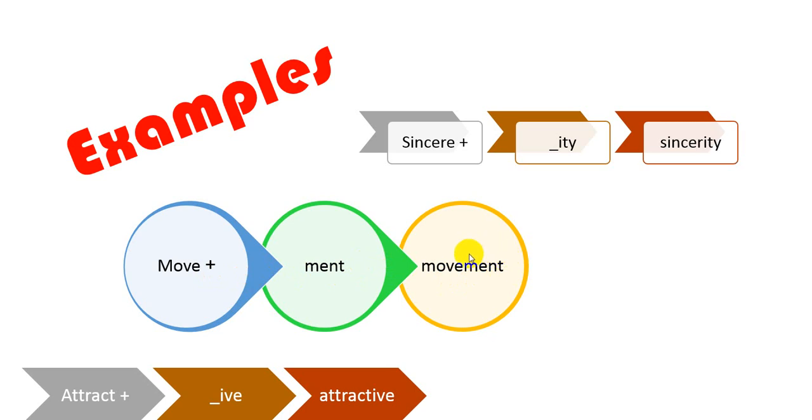The pronunciation of ment here is not like this one. It becomes like mint, like I. We pronounce E here like I, okay? Movement. The third one, attract. Attract plus ive, it becomes attractive.